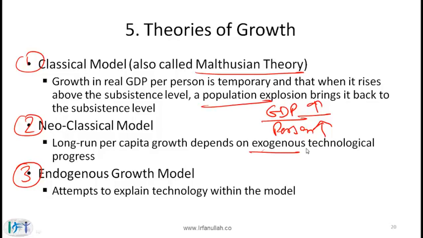So even though it is a key factor that explains growth, the changes in technology are not fundamentally part of the model. And finally, we have the endogenous growth model, which tries to explain how technology actually enables growth. So we'll spend a fair amount of time on the neoclassical model and some time on the endogenous model.